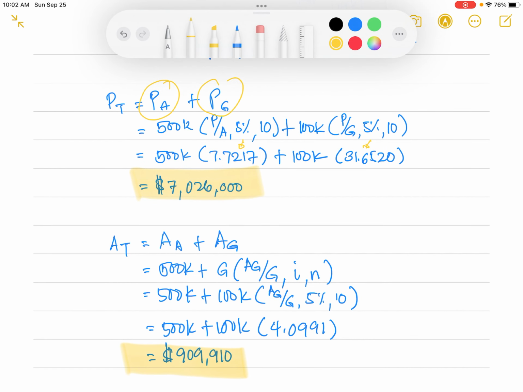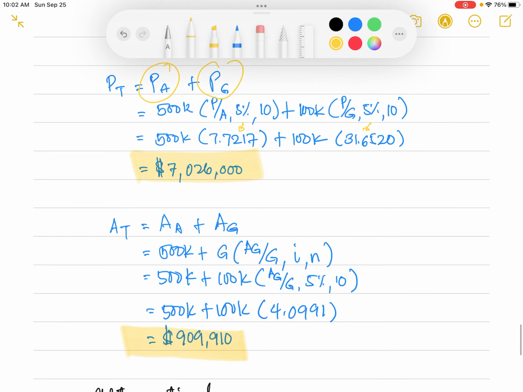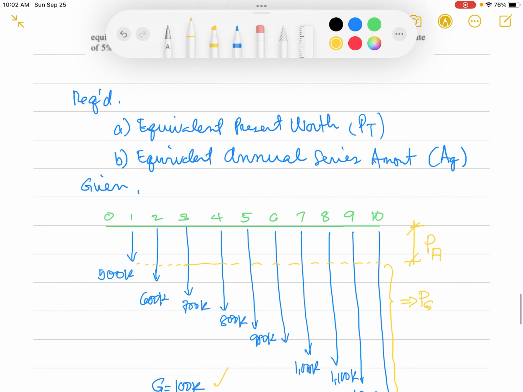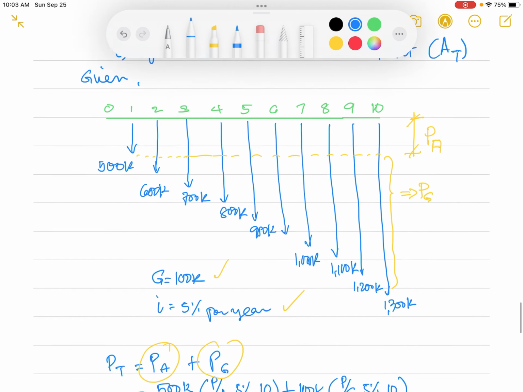And for the equivalent annual worth, sorry, we have to change this one here because I mistakenly showed it as 80, but it should be 80, right?